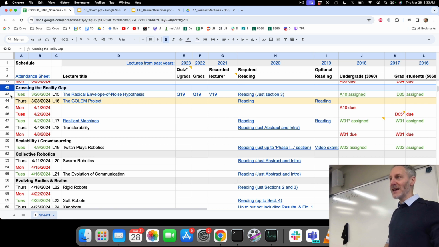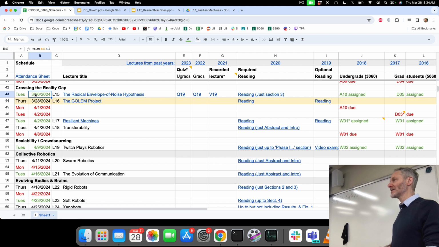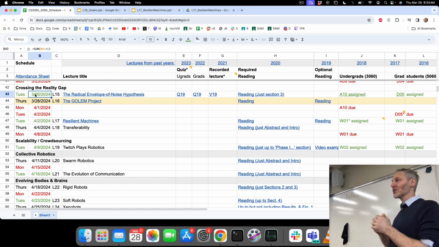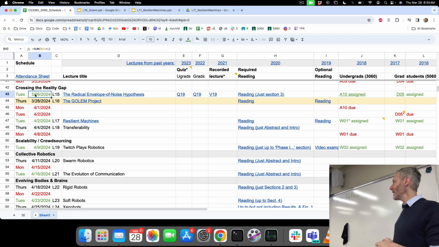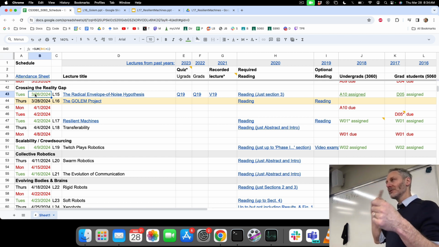There are many attempts to cross the reality gap in the literature. I picked 4 representative examples. We looked at the first one last time. It's got a fancy name, but a relatively simple idea. Sprinkle noise into the simulator so that when the evolutionary algorithm simulates robots over and over again, it never steps into the same river twice, which Heraclitus said 2,000 years ago, right?